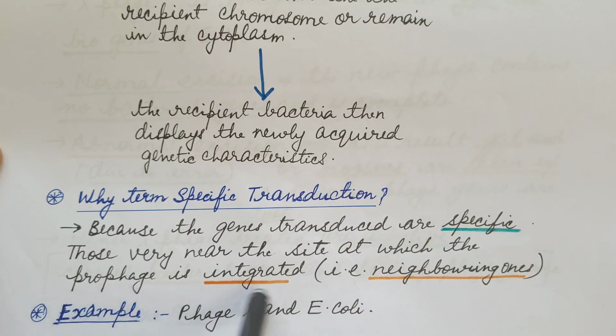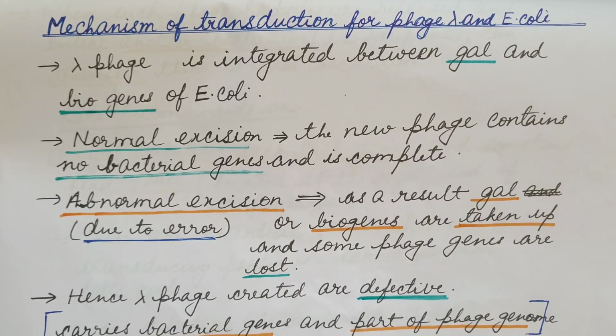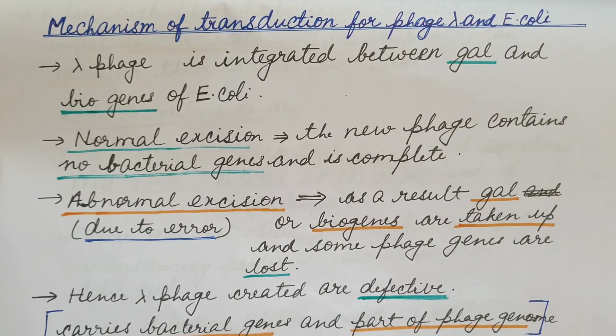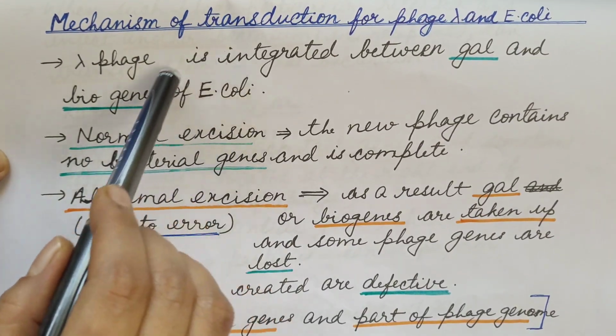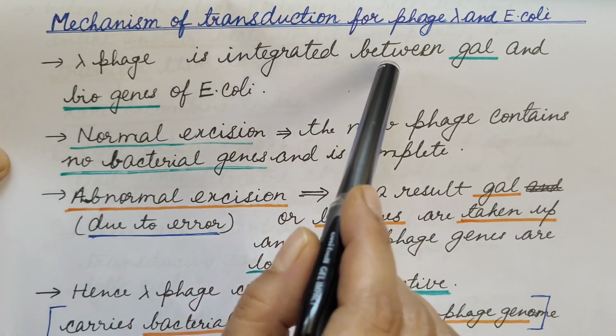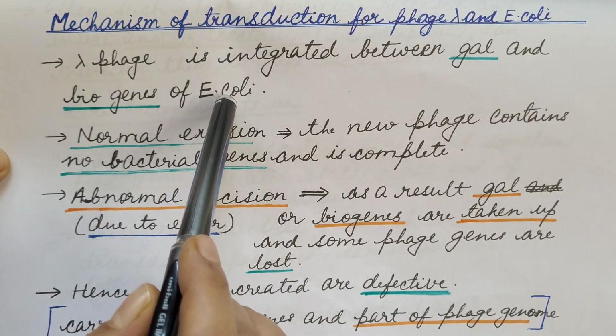One example of this type of transduction is phage lambda and E. coli. Here phage lambda is the temperate phage and E. coli is the bacteria. Now let us understand the mechanism of transduction for phage lambda and E. coli. As we have seen in the steps of specialized transduction, phage lambda infects E. coli and injects its genetic material, which is then integrated between the gal and bio genes of the E. coli genome.